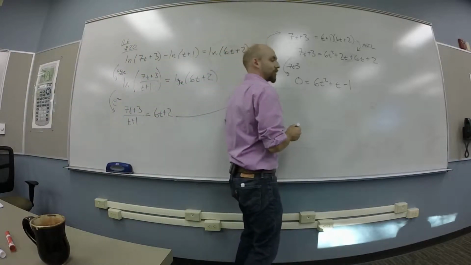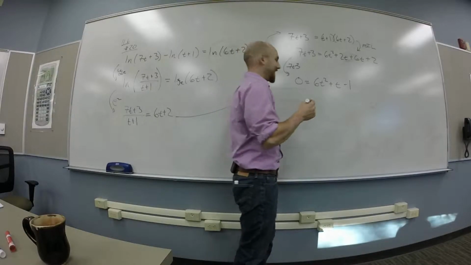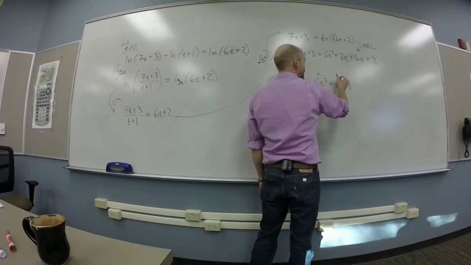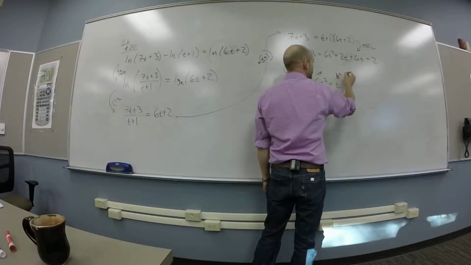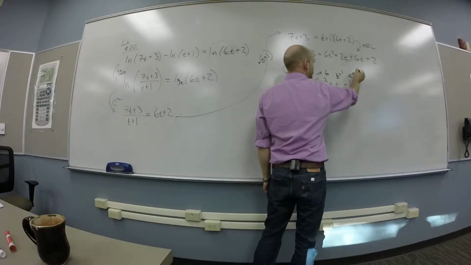So how does the quadratic formula work again? We need an a, a b, and a c. A is 6, b is 1, c is negative 1.